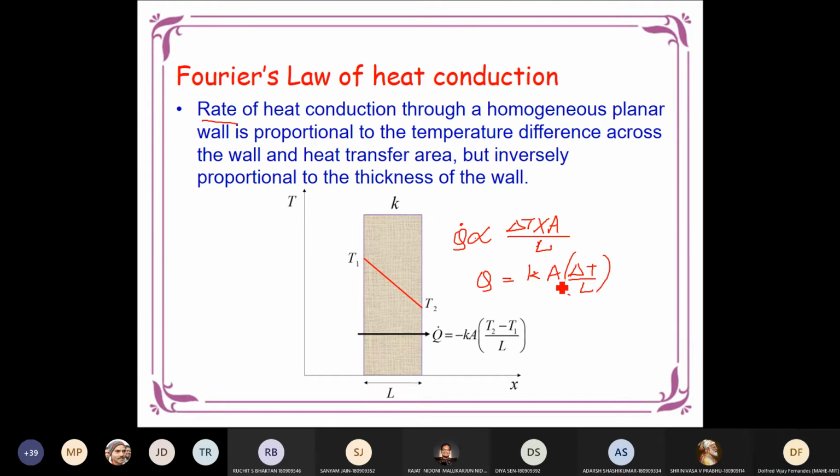Now, if you look at the delta T, we can write it as dT by dx also. Delta T is the temperature difference, that is T2 minus T1 divided by L. Now look at this quantity, T2 minus T1. Is it positive or negative?